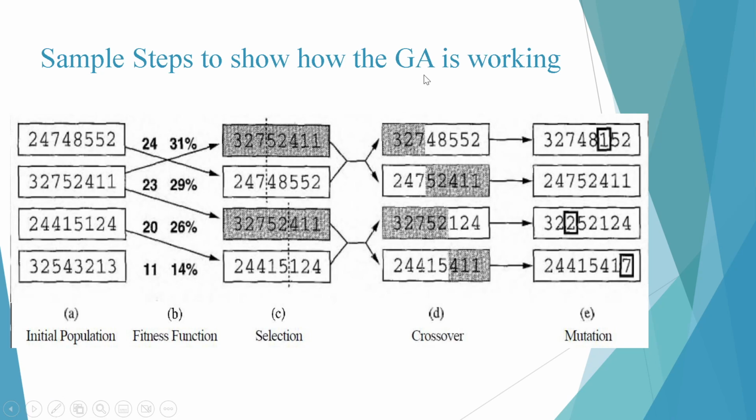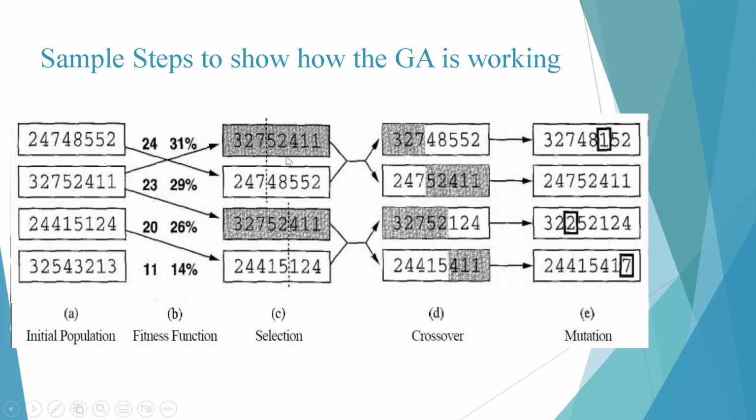A sample to show how the GA is working. Let's say this is the initial population, and then we calculate the fitness function. This is the objective function, and then this is the fitness function. Later on we do the parent selection, then the crossover. For example, these two chromosomes are crossed over. You see the cross at the first 3 digits.